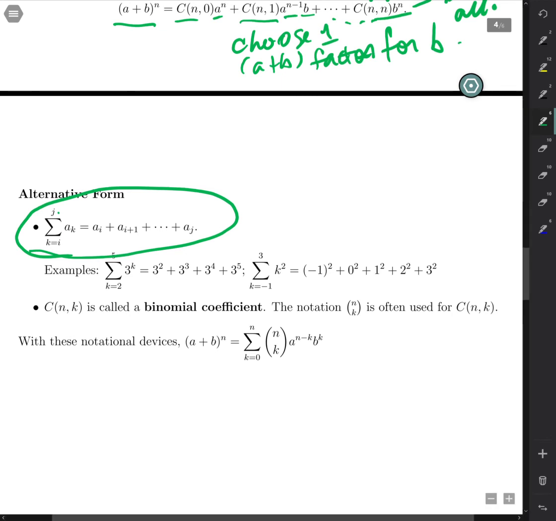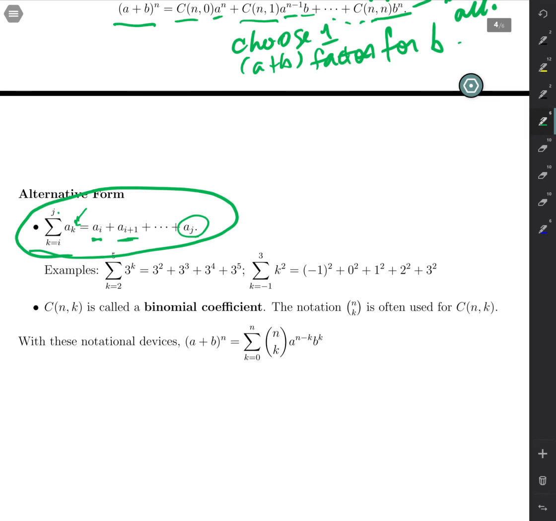Well, k is first i, so that would be a_i. k will next be one more, so it'll be a_(i+1), and so on, until we reach k equal to j, and that would be the last one. So that's what the summation notation means.